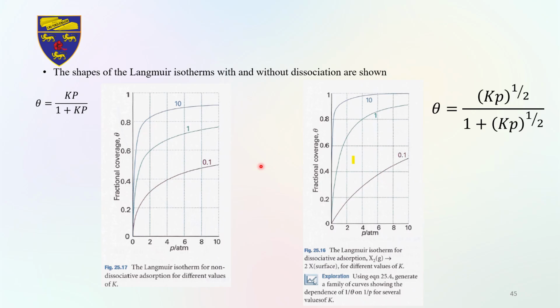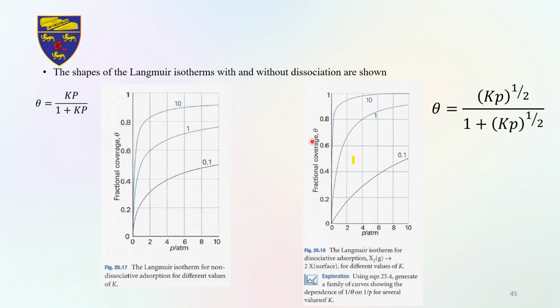A high K value indicates a strong affinity between the adsorbate and the surface, meaning the monolayer fills up at a relatively low pressure. While at low K, where K equals 0.1, the curves are much flatter for both cases. This indicates weak adsorption, requiring significantly higher pressure to force the gas molecules onto the available surface sites.